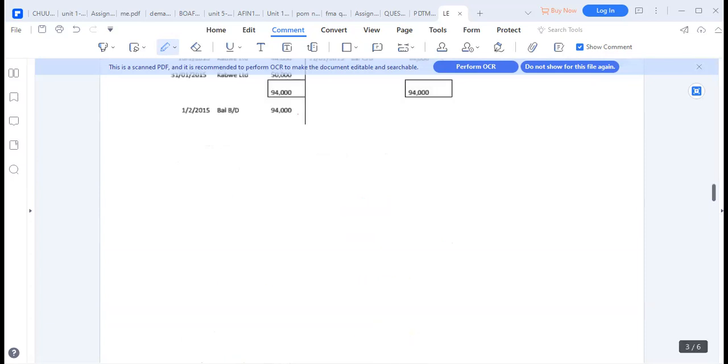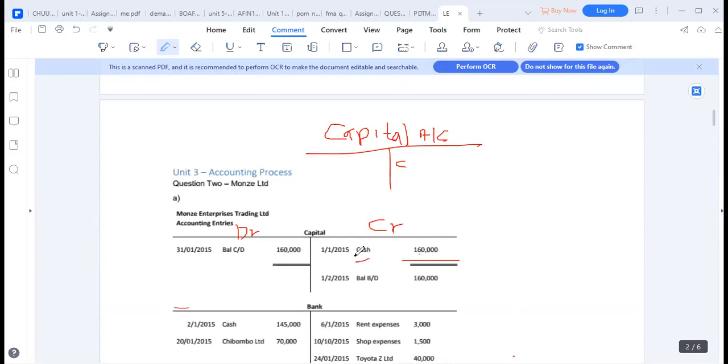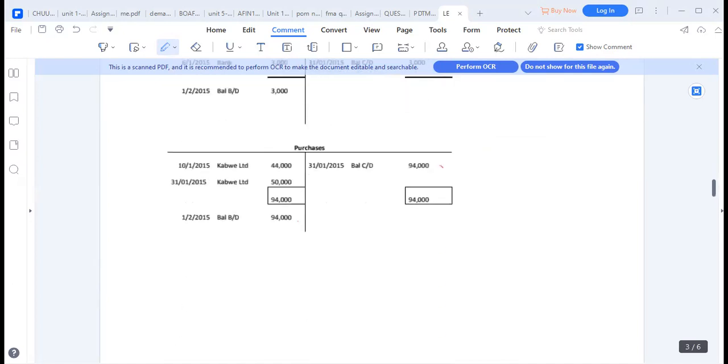On the capital account, the credit balance of 160,000 went to the cash account.